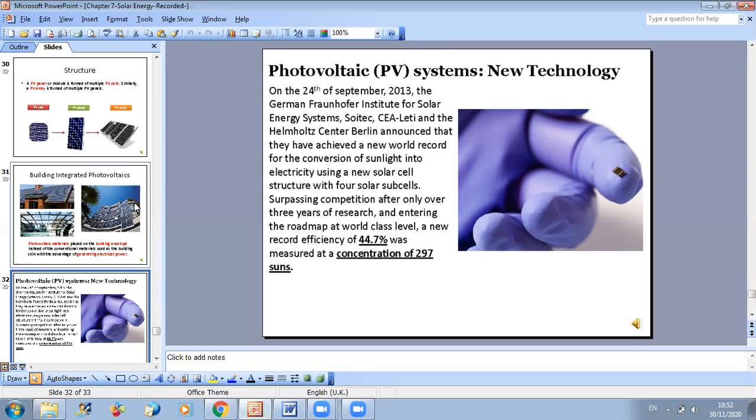After 3 years of research, we recorded an efficiency of 44.7%, measured at a concentration of 297 suns. So we increased the efficiency of conventional PV cells a lot. As we said, with technology and with time, we are reaching higher and higher efficiencies.